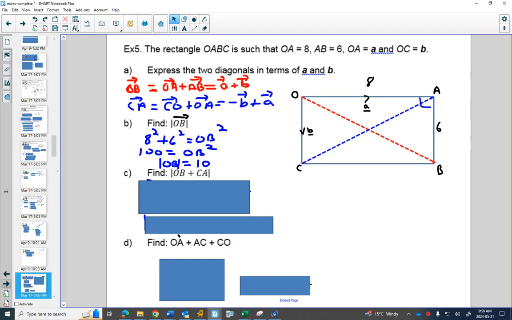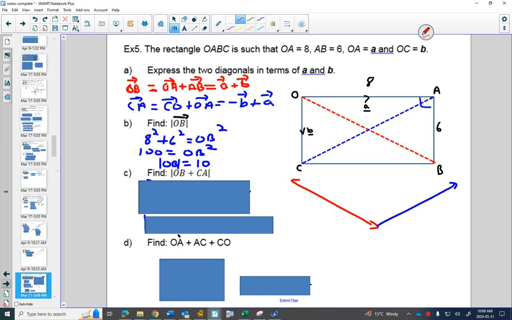What is the length of OB plus CA? OB plus CA. Okay. And this is where vectors are nice to be free. Because if I have OB like this, and CA, adding it would go like this.